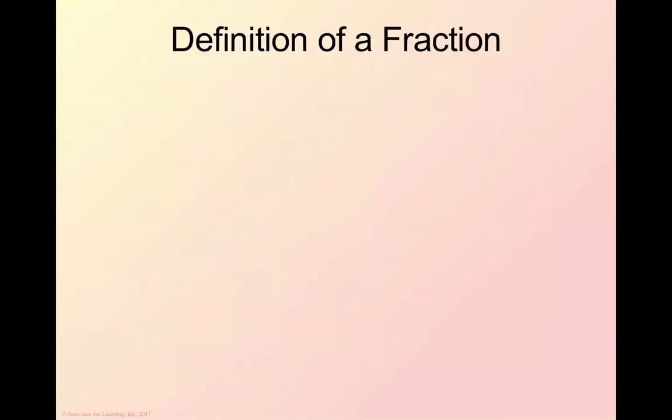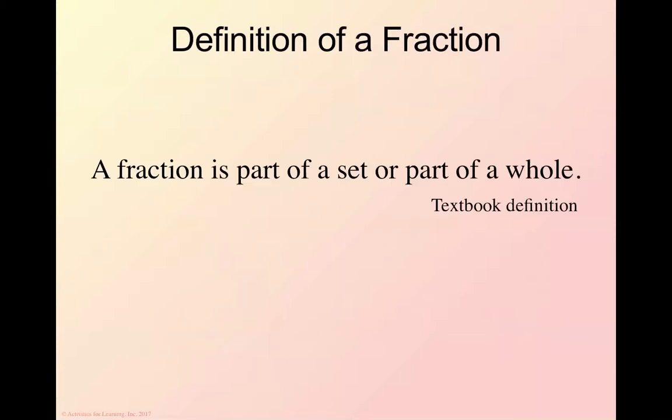So let's look at what is the definition of a fraction. A fraction is part of a set or part of a whole. That's the textbook definition. But is that really the definition that we want to use? It's part of a set or part of a whole? What about 3 halves? Because that's a whole and then some more. So this textbook definition is not correct.